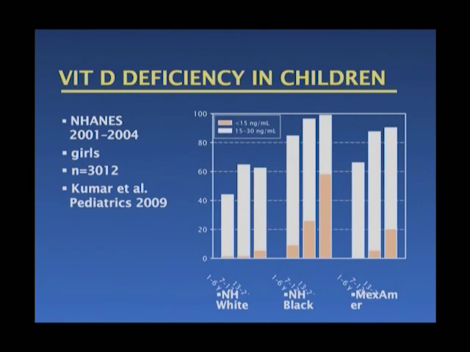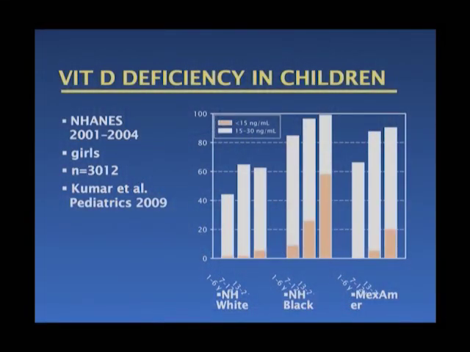This publication from the journal Pediatrics just last fall shows exactly the same phenomenon, but these are for children: non-Hispanic whites, non-Hispanic blacks, and Mexican Americans. These values in the peach color are below the lower end of the reference range for NHANES, and those in white are below 30 nanograms per milliliter.